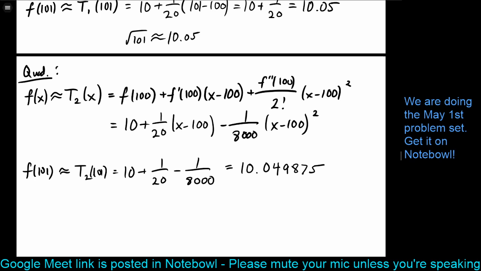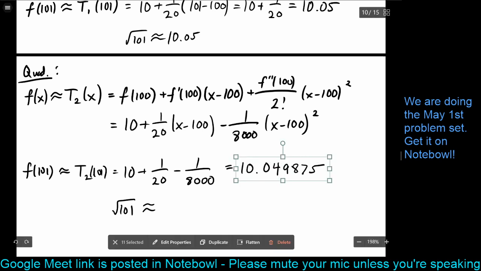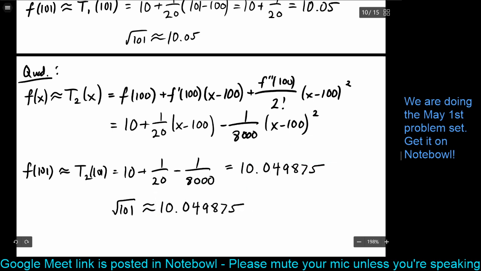So for the quadratic approximation, we're saying that the square root of 101 is approximately equal to this thing. And this is really the beauty of these Taylor polynomials: you might want to approximate the value of some function somewhere, but it's something you can't really compute by hand.